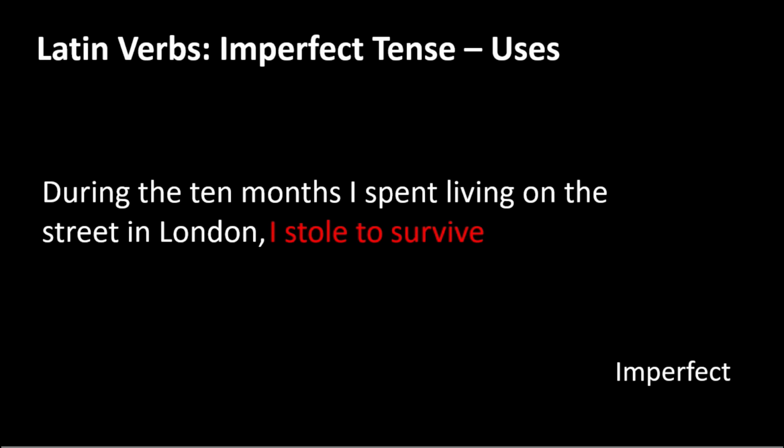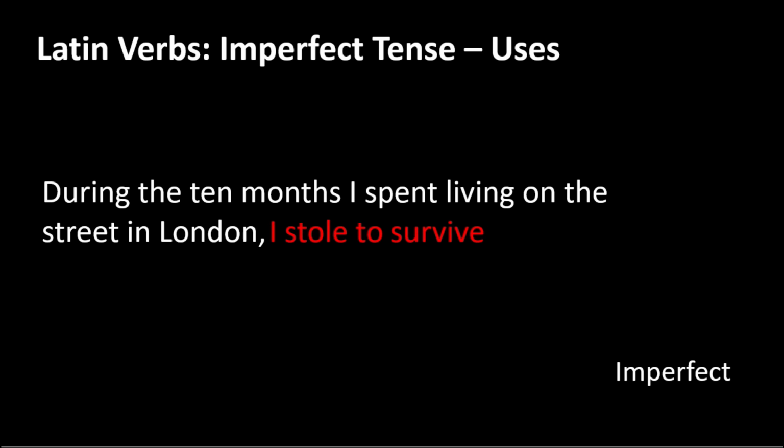From this, I hope we can see that although recognising an imperfect tense in Latin is very simple, you look for the BA between the connecting vowel and the personal ending. Working out what it means in English is often a matter of judgment.